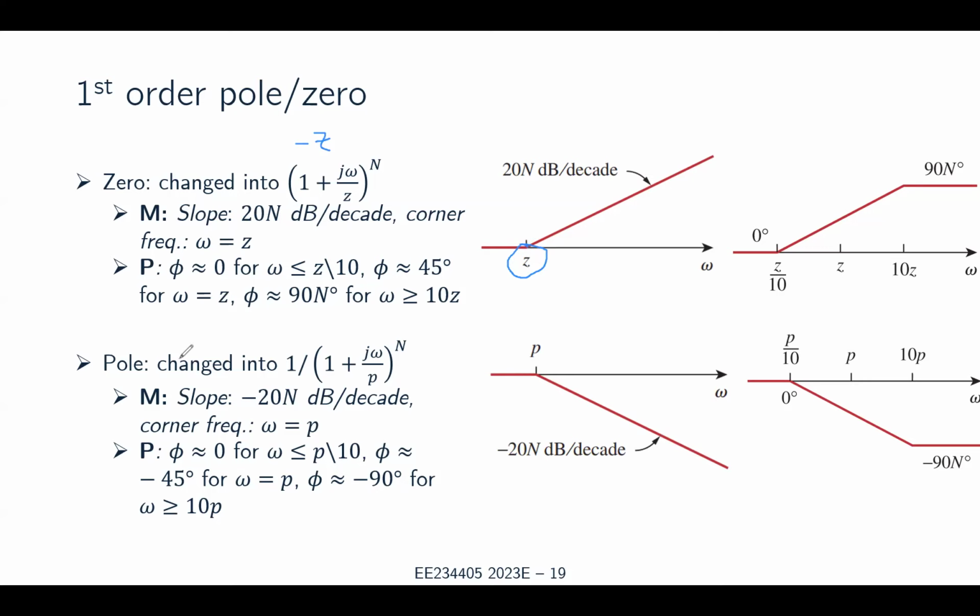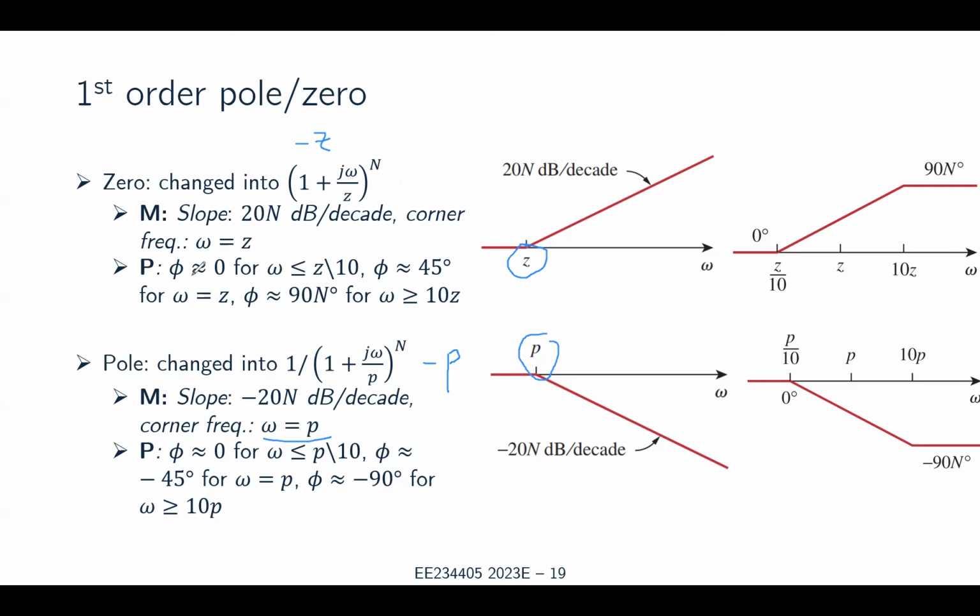Whereas for the pole it is changed into 1 over (1 plus j omega over p) to the n, with slope minus 20n decibels per decade. The corner frequency is p, right? So the pole would be at minus p, and the zero would be at minus z, right?